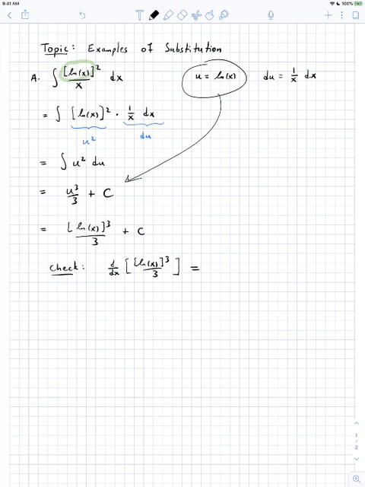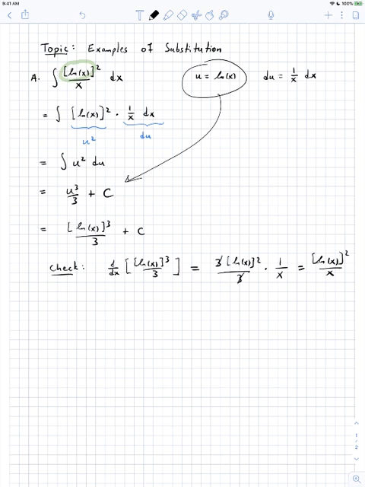So we use the chain rule, the 3 comes down, then we have ln of x quantity squared over 3, and then we multiply by the derivative of ln of x. The 3's cancel, and you end up with ln of x quantity squared divided by x, which is what we started with. So that's how we have some idea that it is the correct answer.